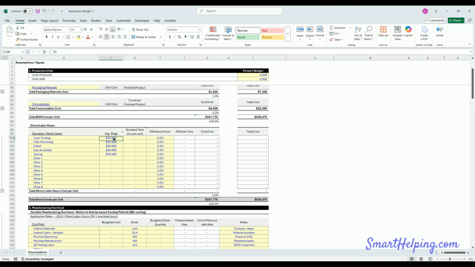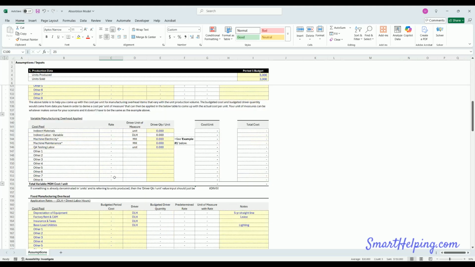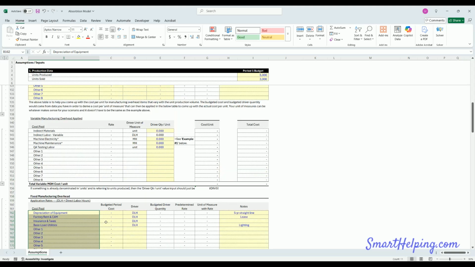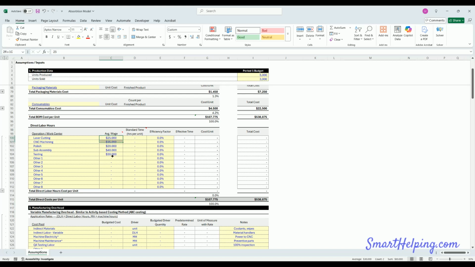Also, if you're not accounting for payroll taxes, insurance and benefits in the fixed manufacturing overhead, either it's going to be here or you want to include it in the wages. So whatever that is, let's say it's 20% of their base wage, you want to increase that amount by that, because that's what your company cost is.